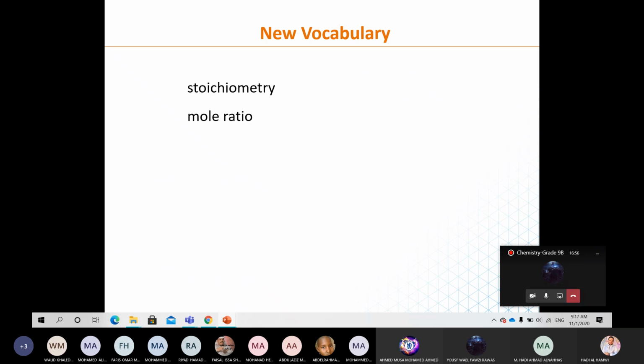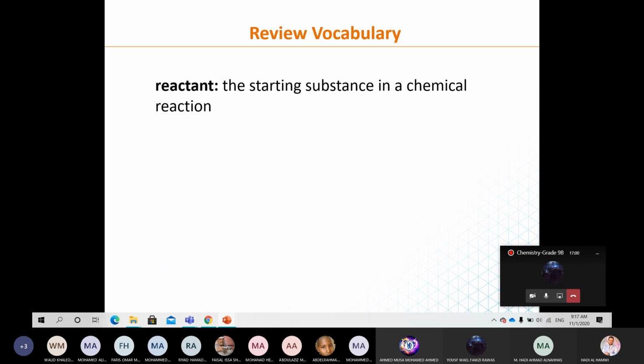The new vocabulary we learn today is stoichiometry and mole ratio. First of all, we should know the definition of a reactant. Usually in a chemical reaction, we have reactants and products. A reactant is the starting substance in a chemical reaction.